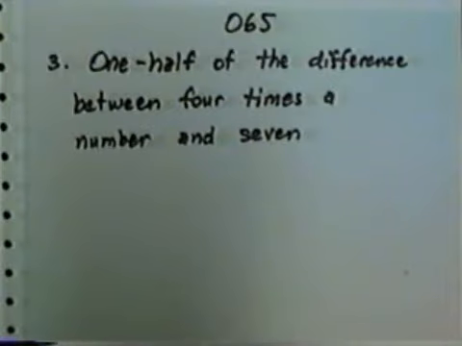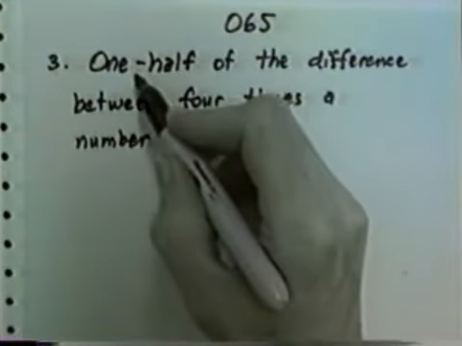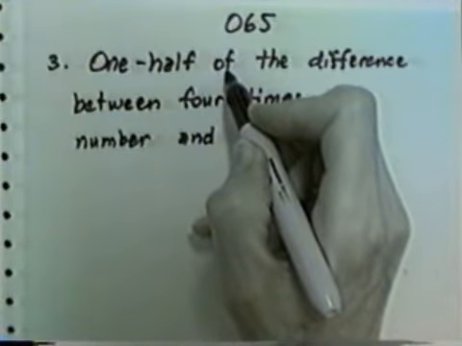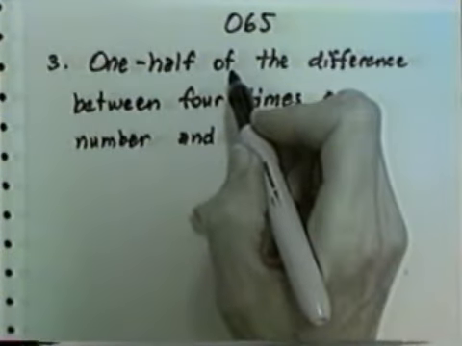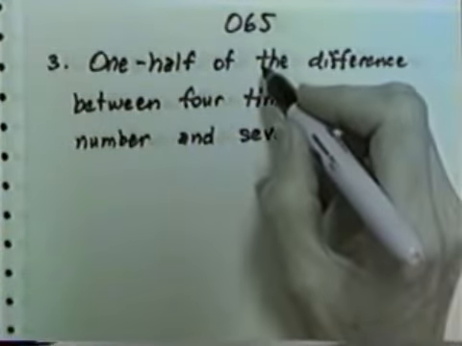A key phrase here is the fraction 1/2 of. That means we're going to take 1/2 and multiply by whatever follows.